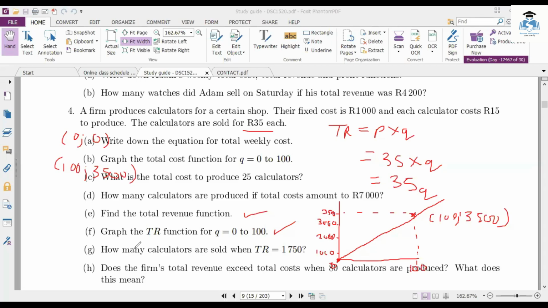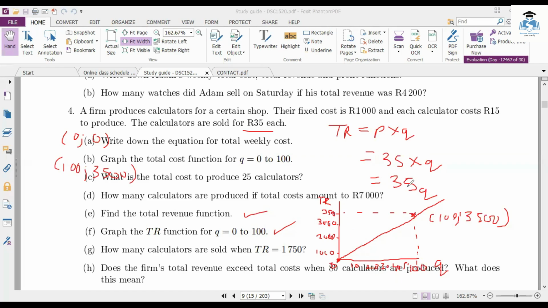They might even put other values like, let's say 10 here, 20, 30, 40, 50, but this will not change this graph. What they are simply saying is, let's say this is Q and this is TR. When Q is 10, what will be TR?